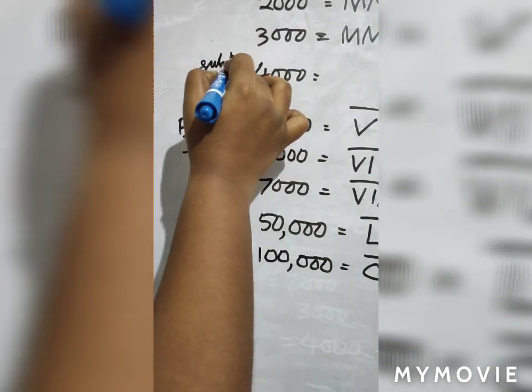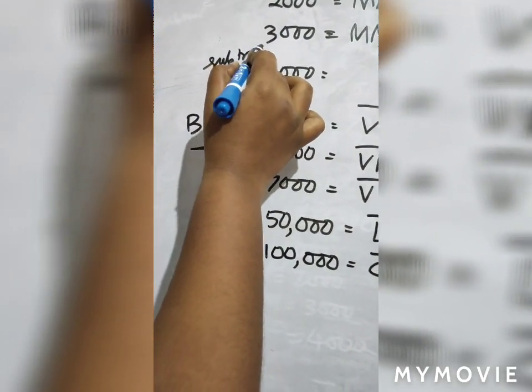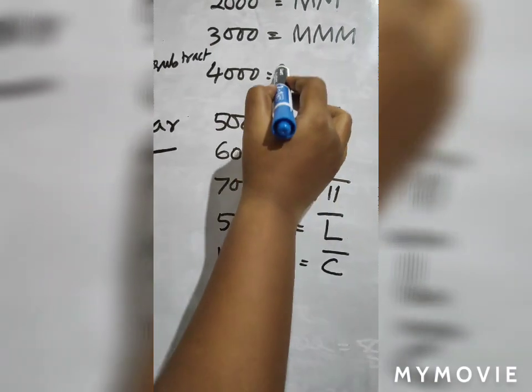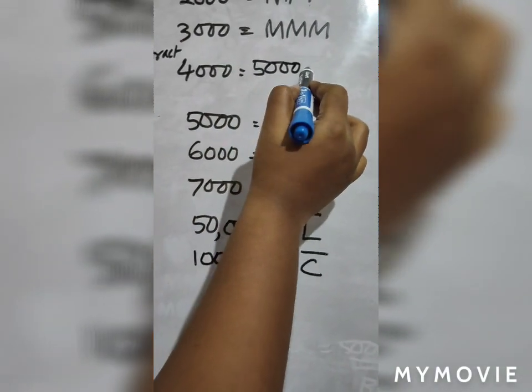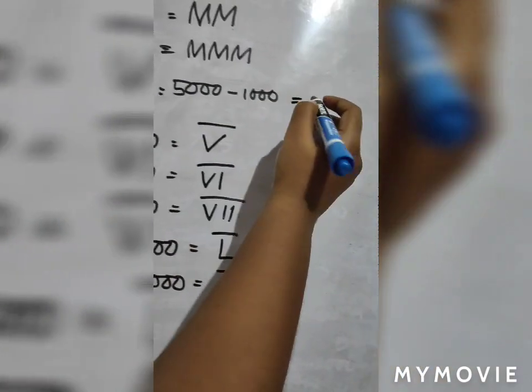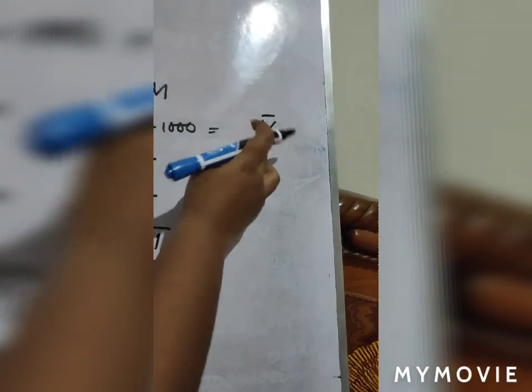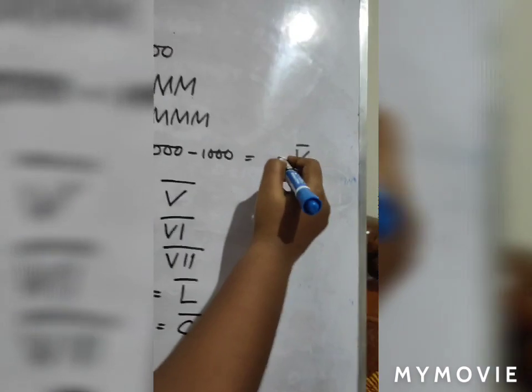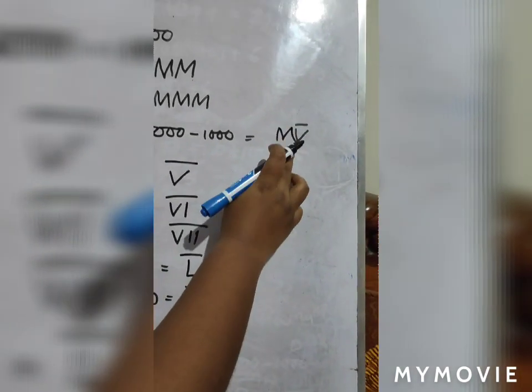4000, as I said, is nothing but subtraction. The rule of subtraction has been used. So 5000 minus 1000. 5000 is V with a bar, and to subtract, we have to write it to the left of V bar.